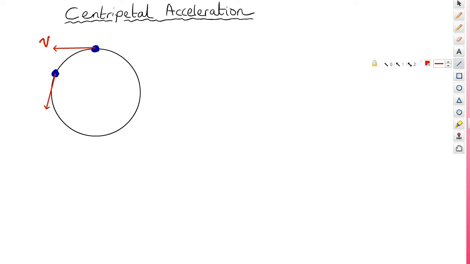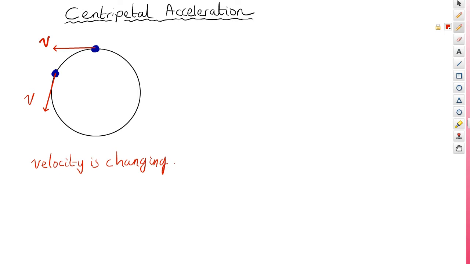But if we look at our particle down here, it is now going in a new direction. So we have to realise that something going in a circle at constant speed is changing velocity. The velocity is changing, and whenever you have a changing velocity, you've got an acceleration.